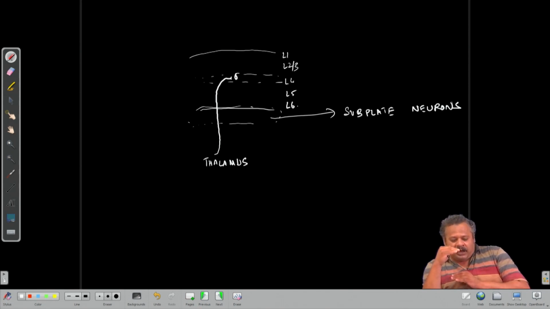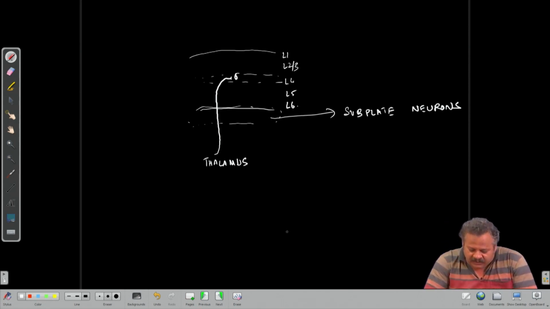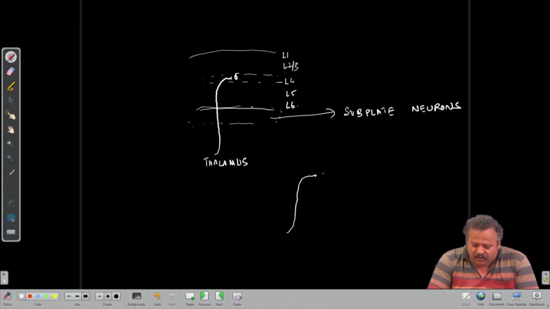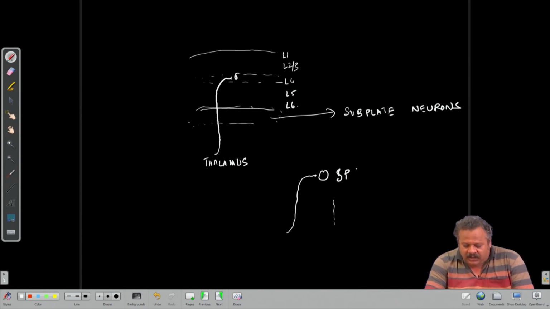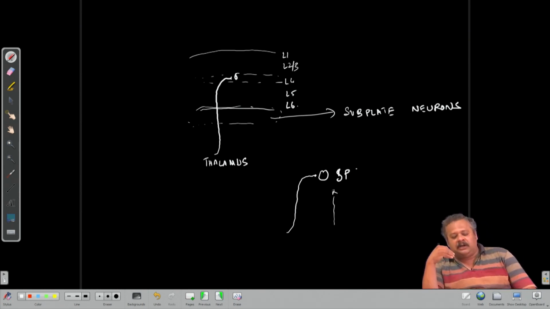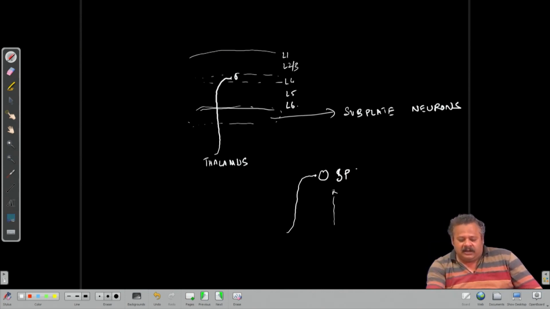It is the thalamic axons that actually come and make synapses onto the subplate neurons, the SP neurons. Then, when the other layers are developing, neurons propagate through the subplate region, and there are collaterals of axons from the thalamus that make connections with layer 4 neurons.